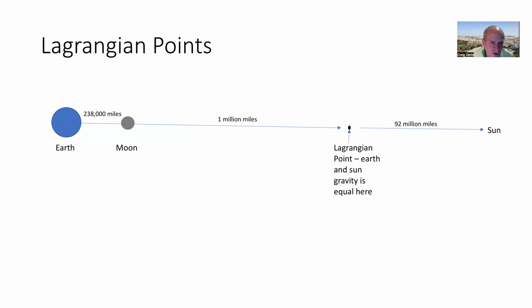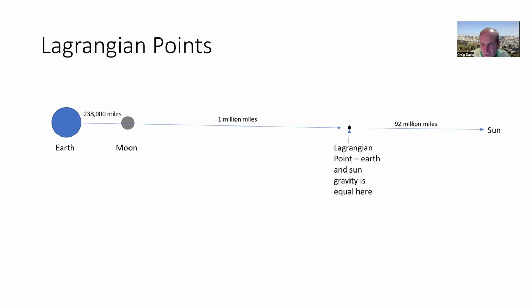So between the Earth and the Sun, if you went, say, 1 million miles away from the Earth in the direction of the Sun, you would reach the Earth-Sun L1 Lagrangian point. You'd have to go 92 million miles further to get to the Sun, but that's the point at which the Earth and the Sun would be pulling on each other in equal measure. And the Lagrangian points are interesting for some things in the solar system.